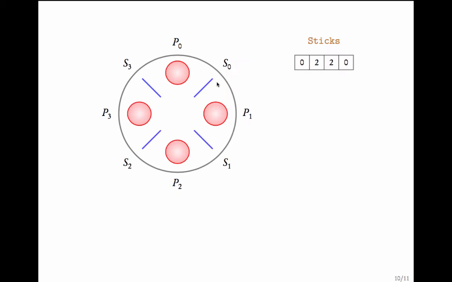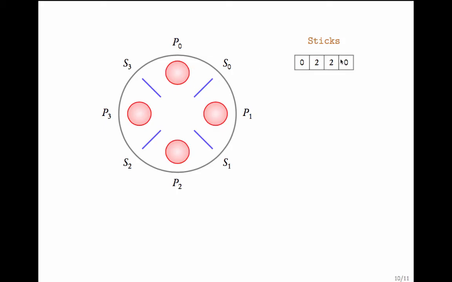stick 0 can be accessed by the philosopher to its right, stick 1 by the philosopher to its left, which is 2, stick 3 by the philosopher to its right, stick 2 by the philosopher to its right, which is 2, and finally stick 3 by the philosopher to its left, which is 0.